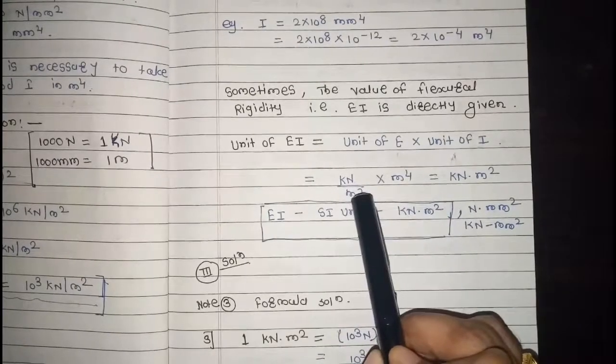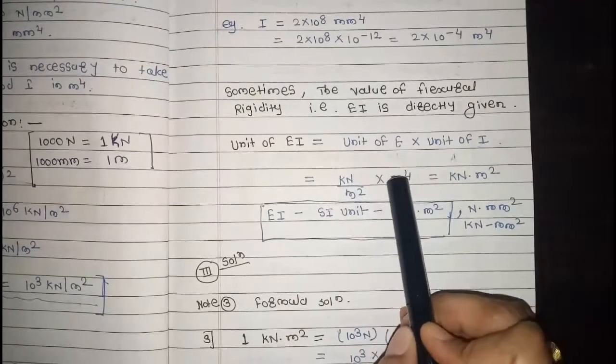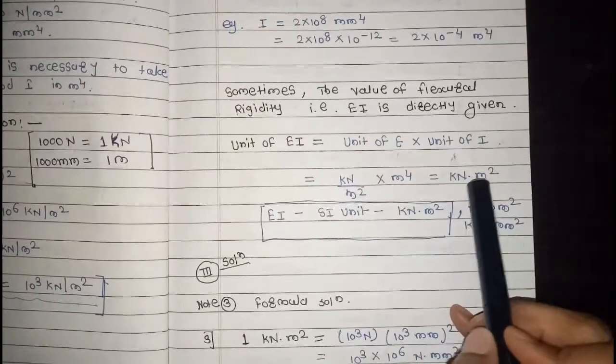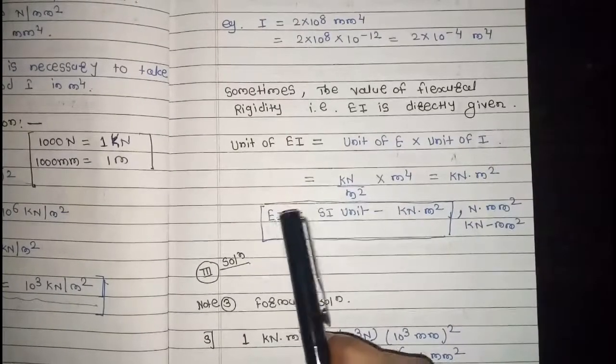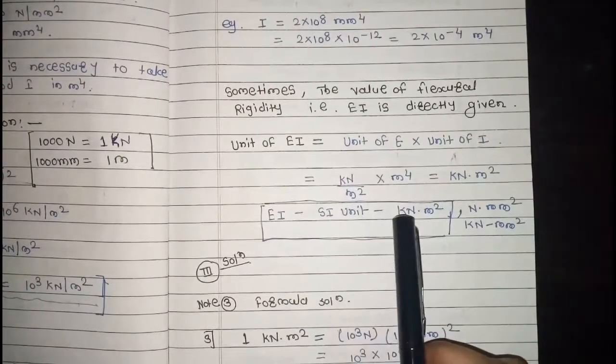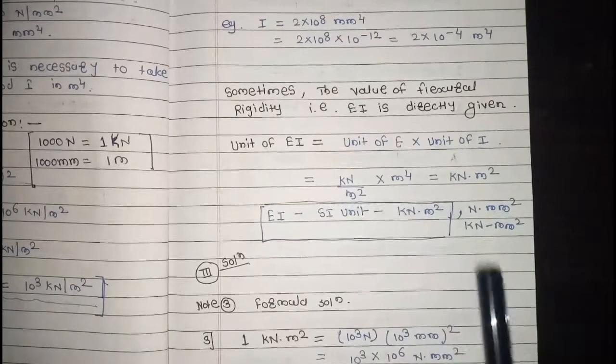So meter square cancels, and we get kilonewton meter square. So the SI unit of EI is kilonewton meter square.